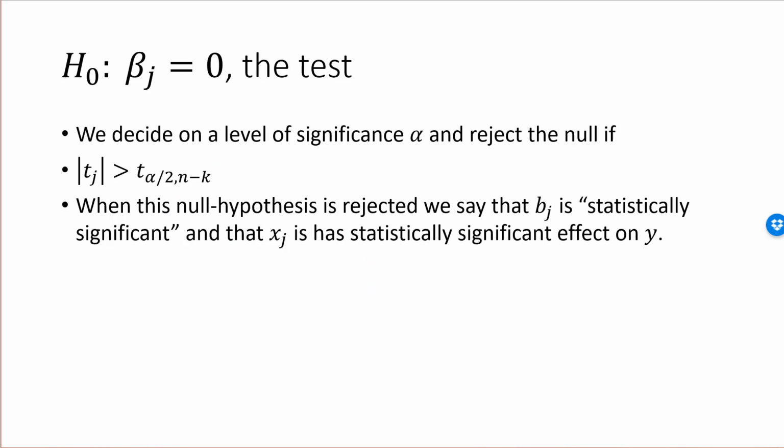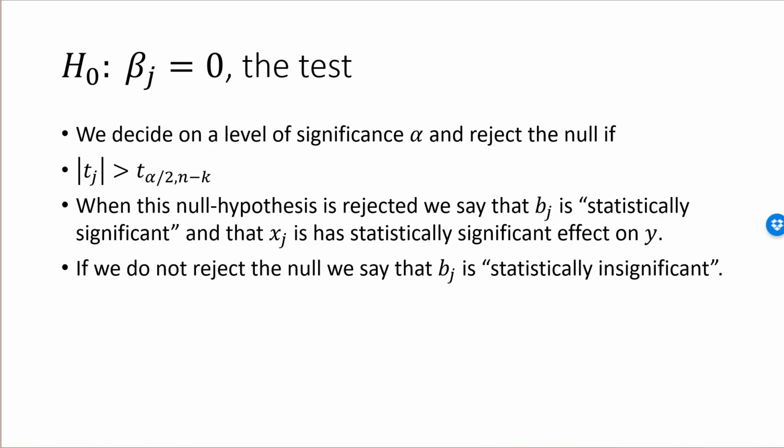So the statistically significant effect corresponds to a statistically insignificant effect if we cannot reject the null, such as was the case for the GPA. B4 is statistically insignificant or insignificantly different from 0. GPA has an insignificant effect on the final exam.